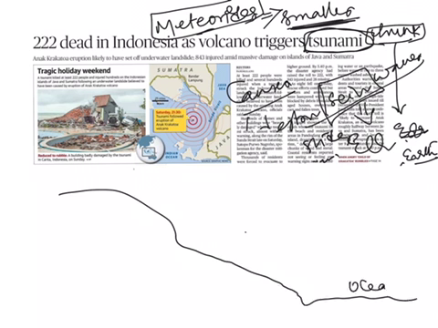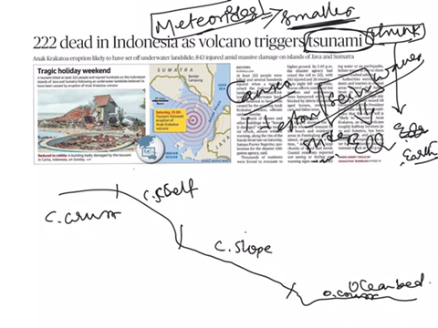This is the continental crust and this is the oceanic crust, and this is the border between them. This part is called the continental shelf, and this is the continental slope, and this part is called the continental rise, because the oceanic crust is rising as a continental crust.